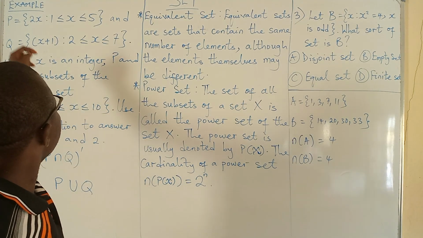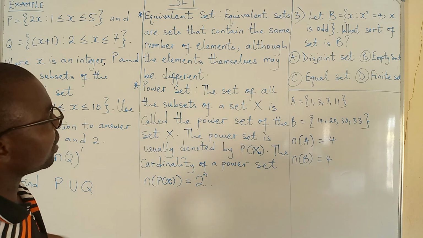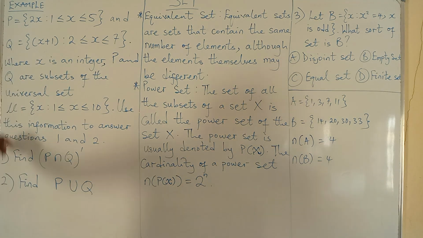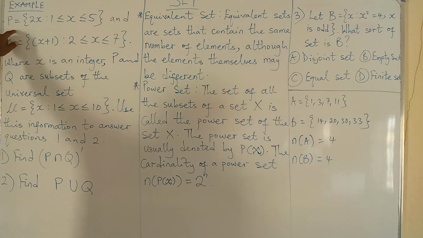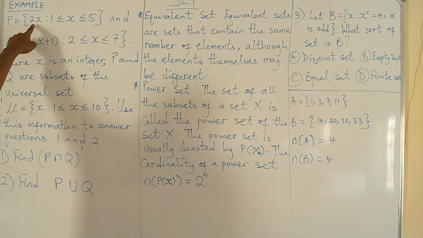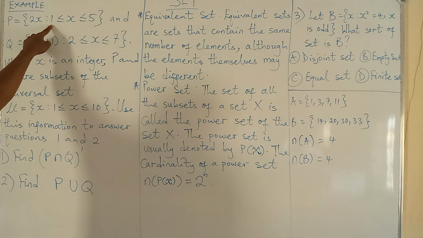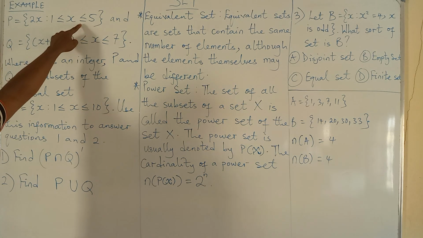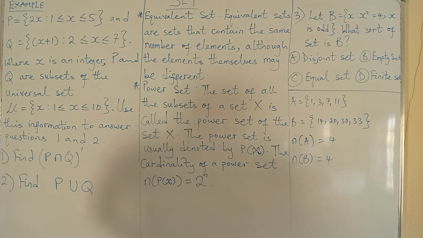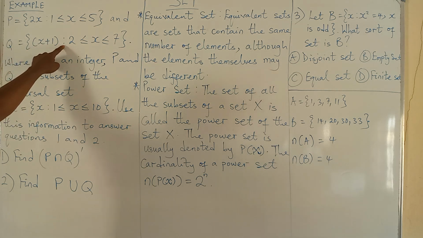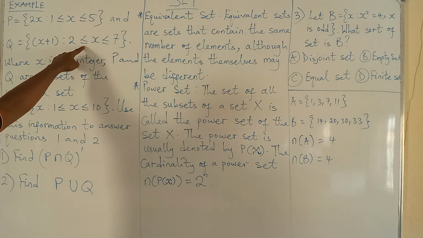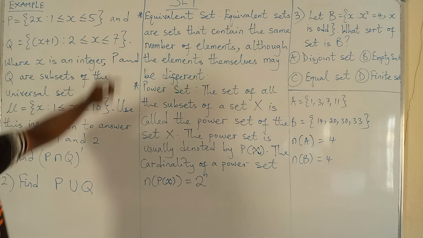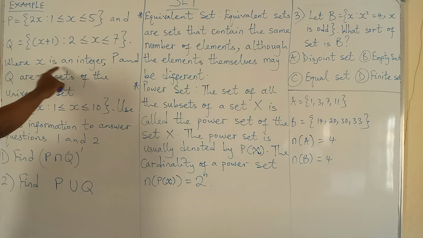And so we have some examples here, 2 or 3 examples. The first one: P is a set of 2x such that 1 is less than or equal to x is less than or equal to 5. Now Q is a set of x plus 1 such that 2 is less than or equal to x is less than or equal to 7, where x is an integer.